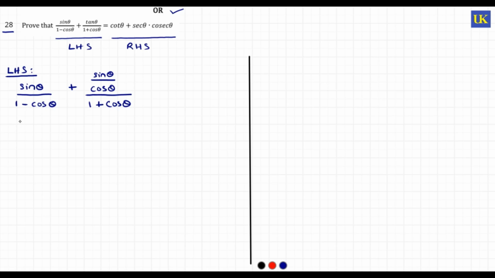Then here I will keep sine theta as it is, sine theta upon 1 minus cos theta. Will not make any change here, but here, the numerator part I will keep like this only, sine theta upon cos theta, and this we will take above. So division will become multiplication and it will become reciprocal, 1 upon 1 plus cos theta.